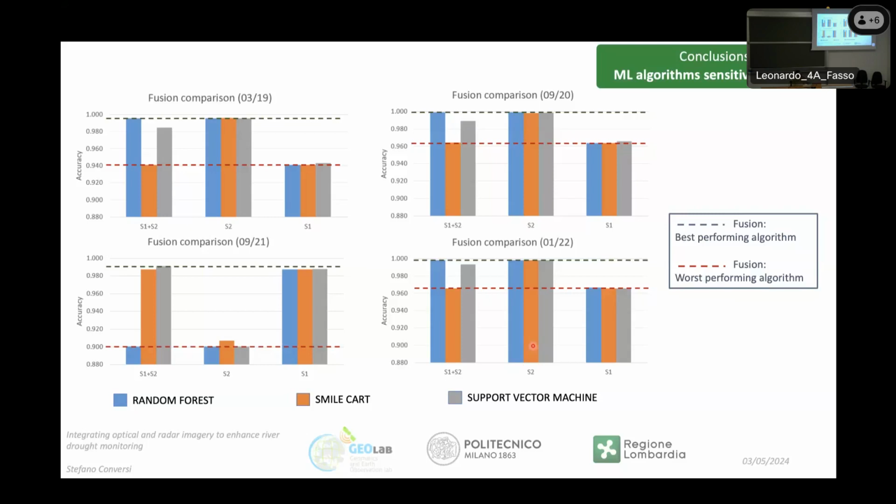So we can say that the combination is the optimal result because it gives good results in all the different situations, okay? Given this potential, as we said before, of overcoming the issues of the single sensor through the integration. And in this comparison, we also discovered that the support vector machine algorithm seems to be the best one for our case.